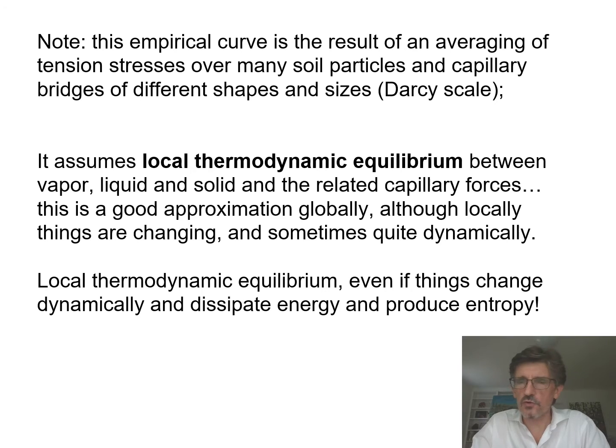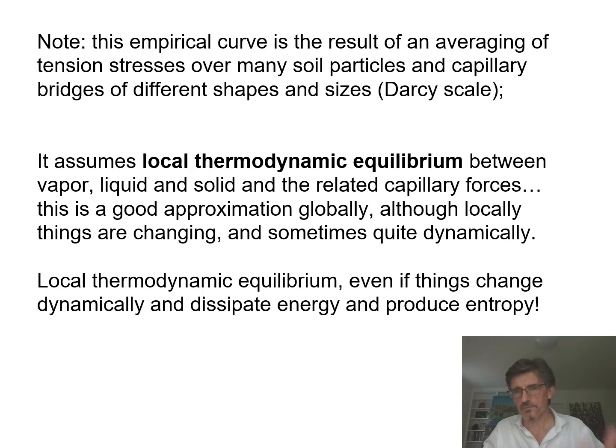Typically, the water retention curve is an empirical curve. It's measured from soils by applying different suctions and measuring the corresponding volumetric water content. Now, by doing that, it means that we are practically averaging over a volume of soil. Again, we are introducing the so-called representative volume and the Darcy scale.